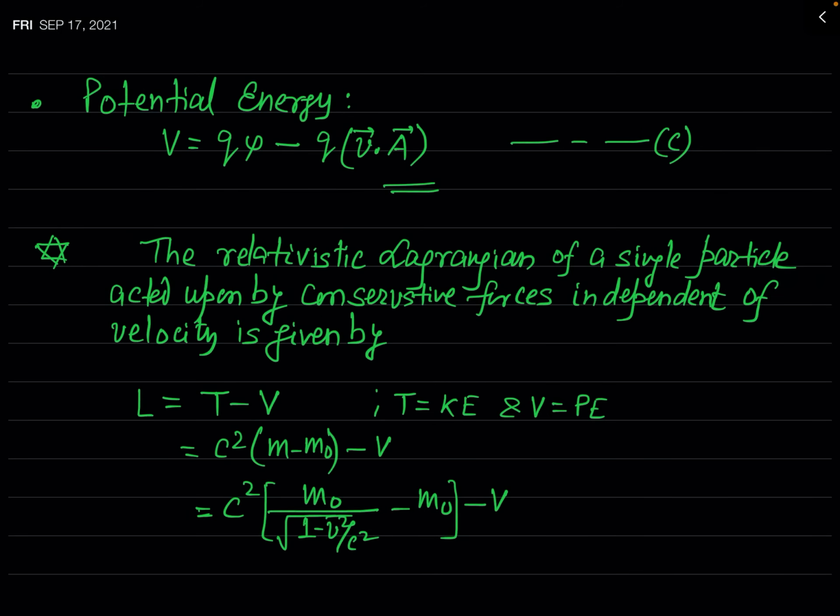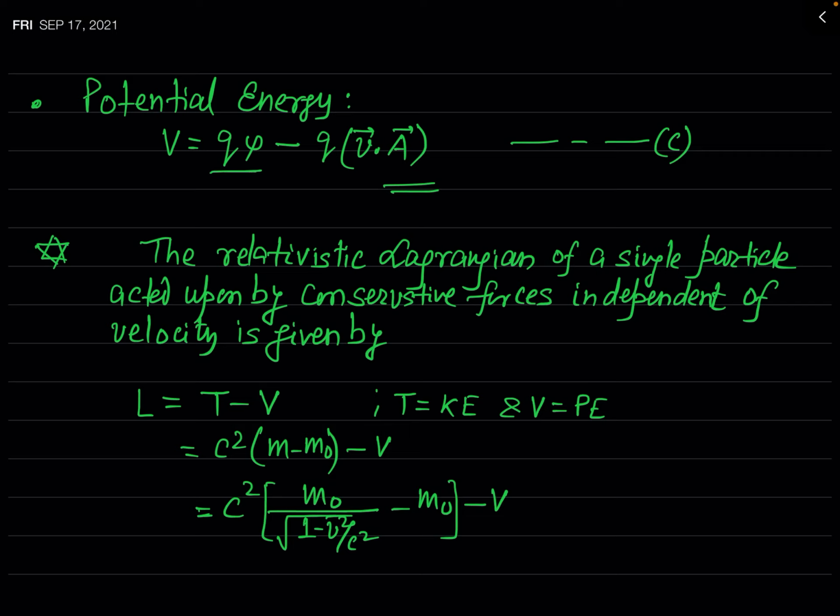At the same time, we have also obtained the expression for the potential energy of the particle in an electromagnetic field. If you consider an electrostatic field, then the potential energy of the particle is simply equal to q phi.